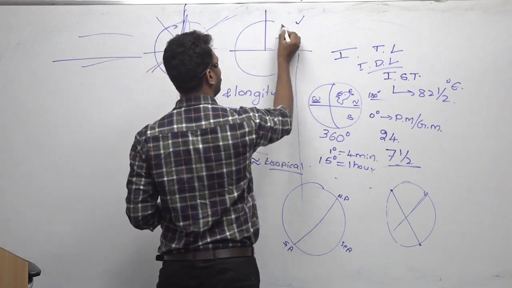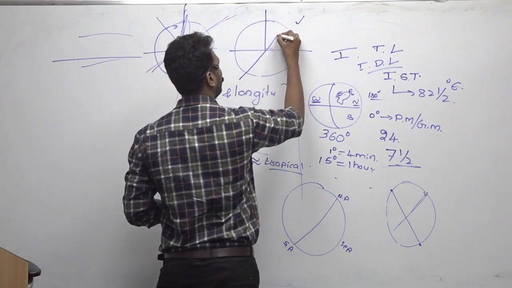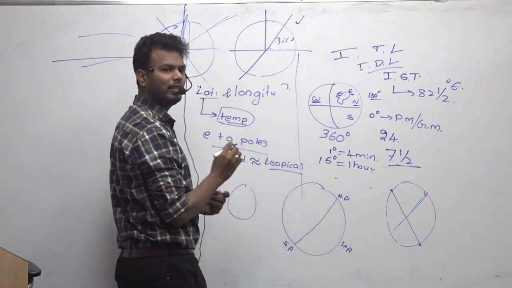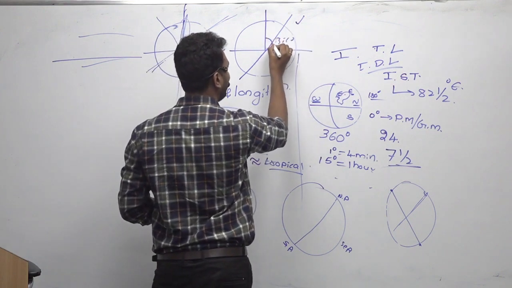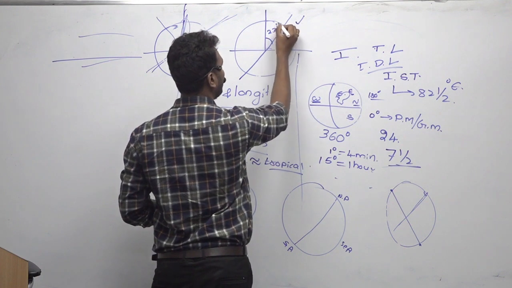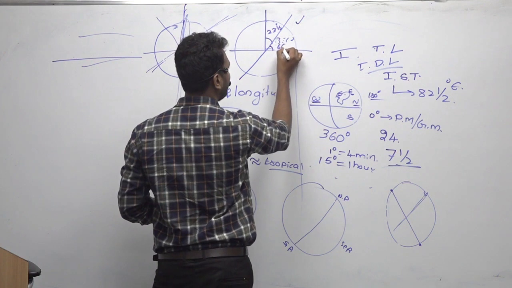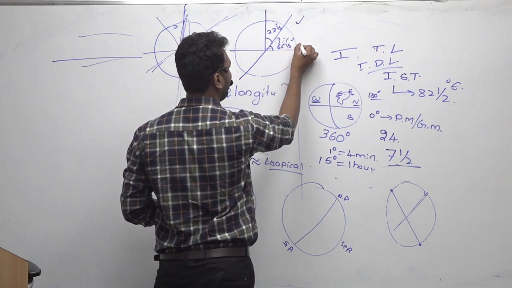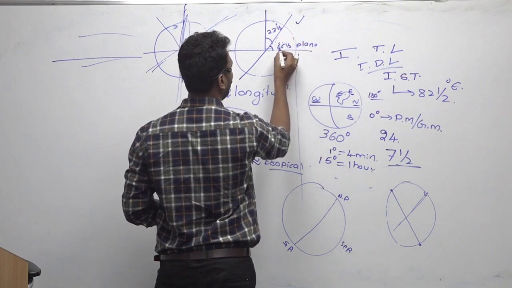Just imagine the earth, and this is the axis of the earth. This axis is making 23.5 degrees with the what? Normal, and it is making 66.5 degrees with the plane.